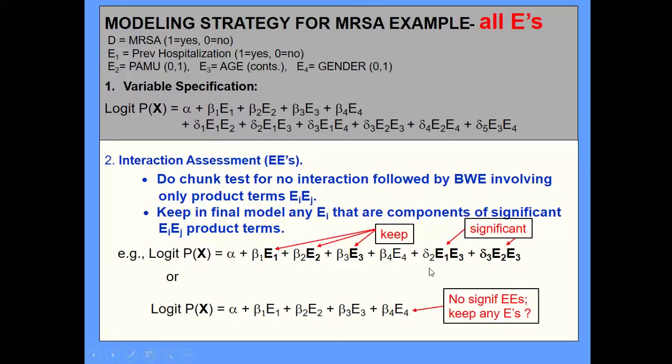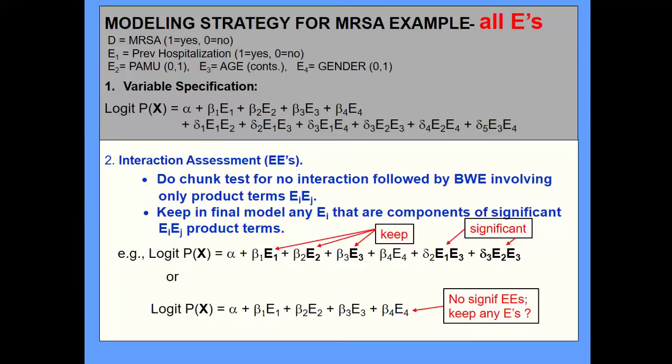So if you find that these 2 product terms are significant, you have to keep E1, E2, and E3 in the model, but you might drop E4, in terms of the hierarchy principle. Do you understand what I'm saying? If these two are significant, you have to keep these three, but you can drop this one. If none of them are significant, anything goes. You can have all four, or some subset of them in there.